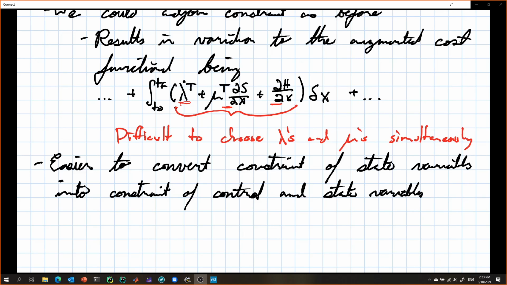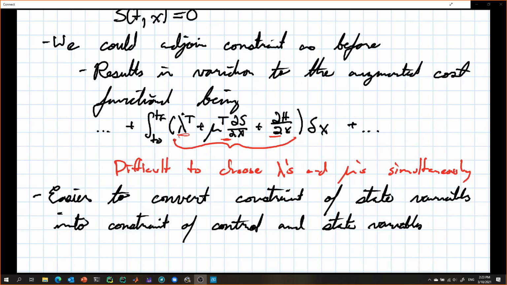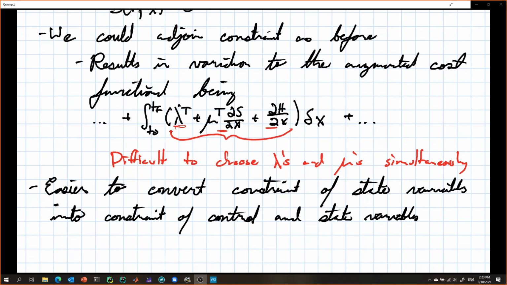So basically what we want to do is take this problem that we have here and convert it to the previous problem.